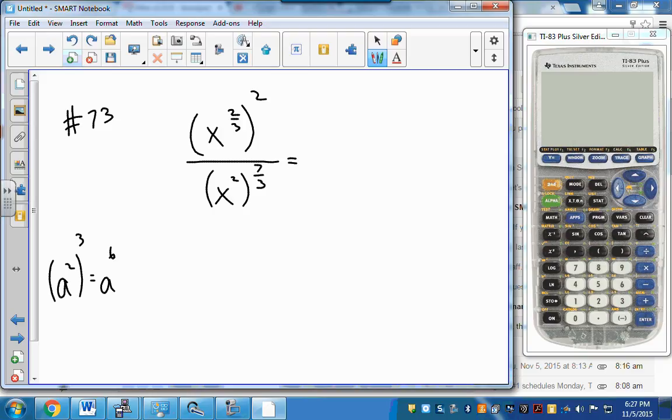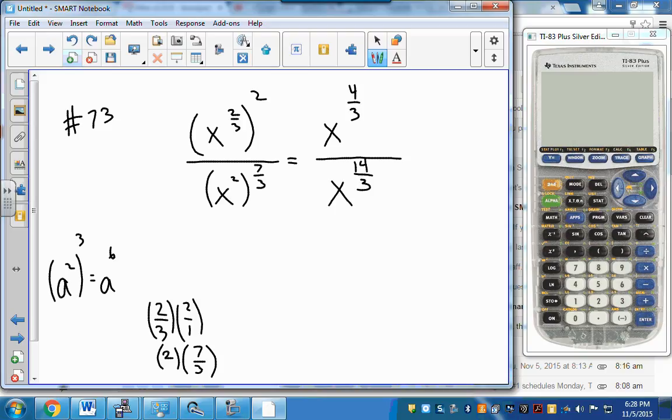Okay, so the numerator, we've got x to the, let's see, 2/3 times 2 is just 4/3. And on the bottom, we've got 2 times 7/3, so that's 14/3.